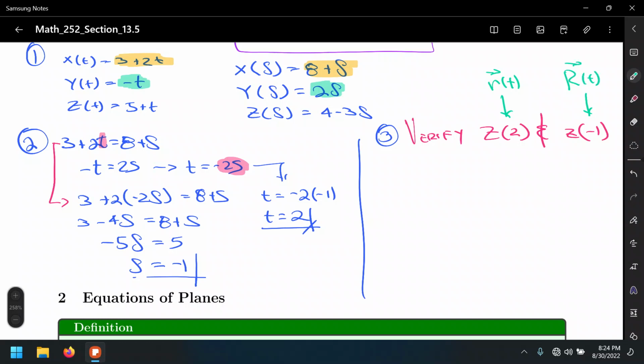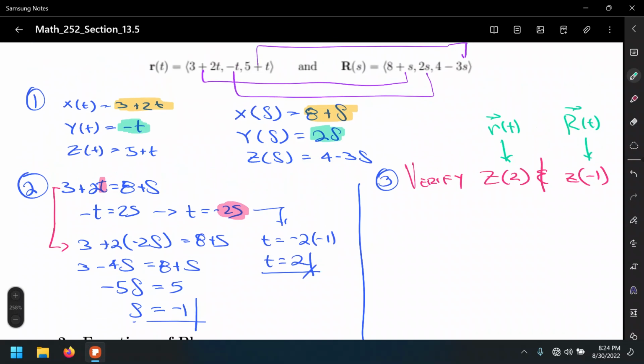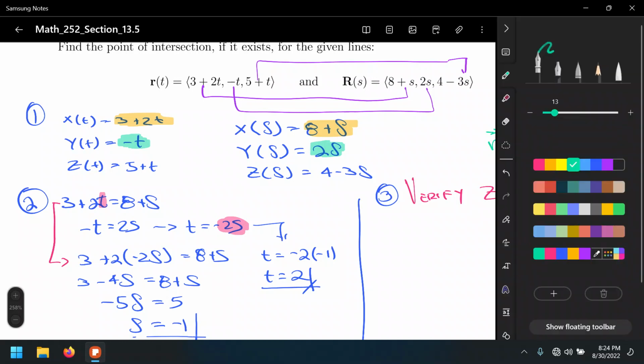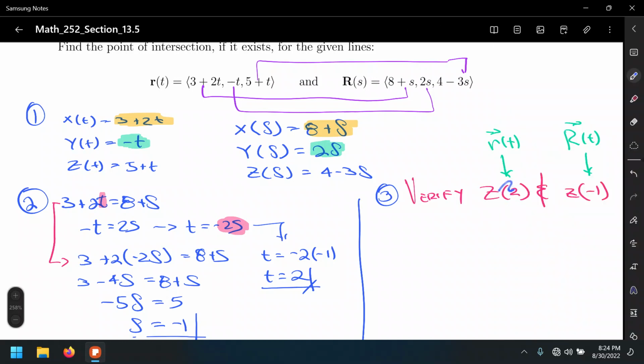I'm noting everything just so you can see where these are coming from. So z evaluated at 2 for the first equation, z of 2 equals 5 plus 2, which is 7, and z of negative 1, on the second equation, the one that depends on s, that's 4 minus 3 times negative 1.